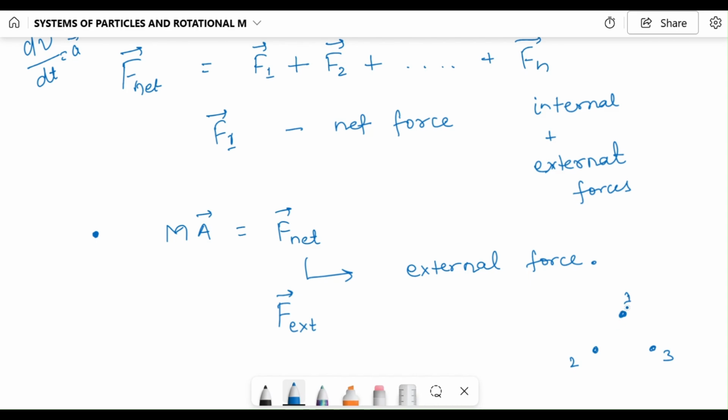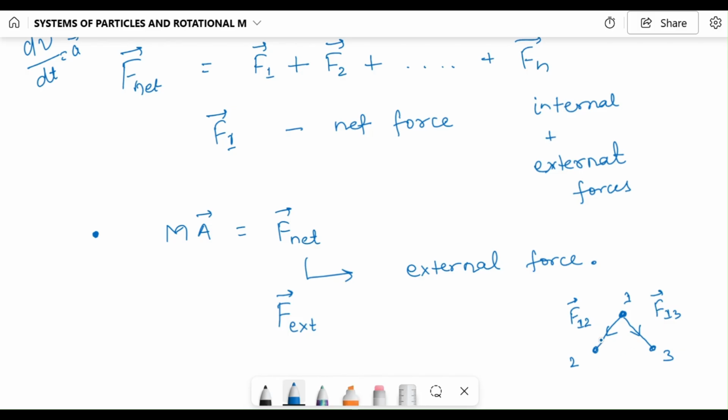On the first particle, there is one force which is the force on the first particle due to the second particle, and let's say these forces are gravitational forces for the time being. The second internal force acting on the first particle is due to the third particle. So on the first particle, there are two forces acting.